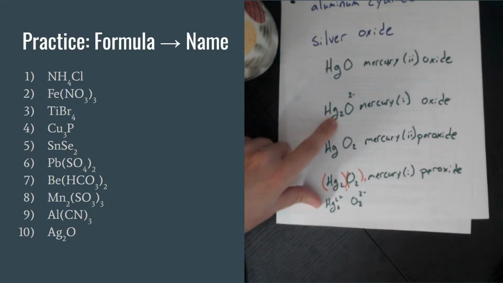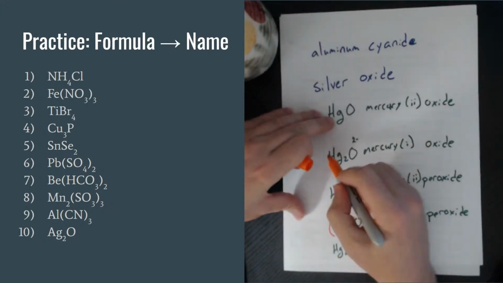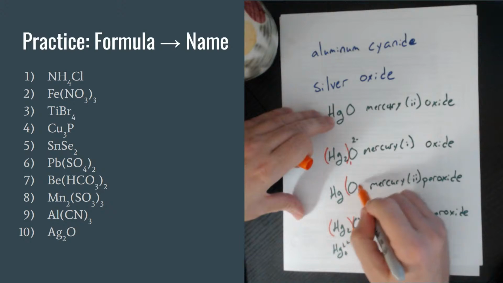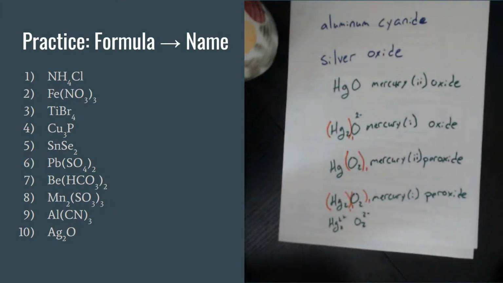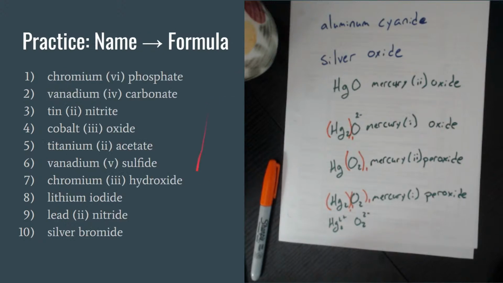The thing is that 2 is part of a polyatomic ion. Okay, so we have a lot of invisible parentheses and invisible ones floating around in there. Okay. But reducing ratios is important. When we move on to the next bit of practice and do name to formula, you're going to see that. We're going to have to come up with a way to reduce those ratios.